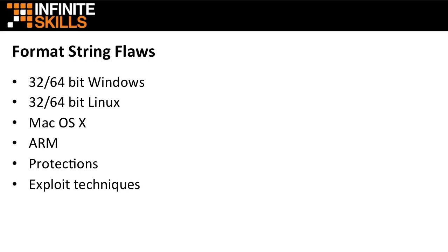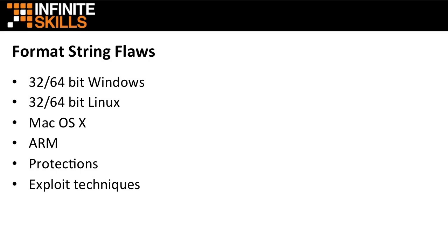Now, this flaw actually is not dependent on any given operating system. So we will look at this flaw and apply it to all of the operating systems and processors for this course. We will talk about various protections that are offered by each of these operating systems. In particular, Linux and the Mac platform offer some protections by default that are not there for the Windows users.